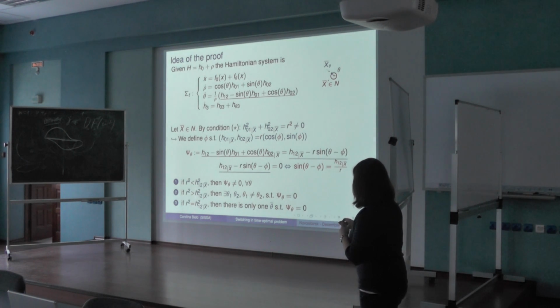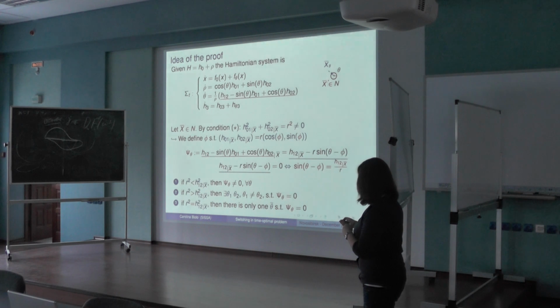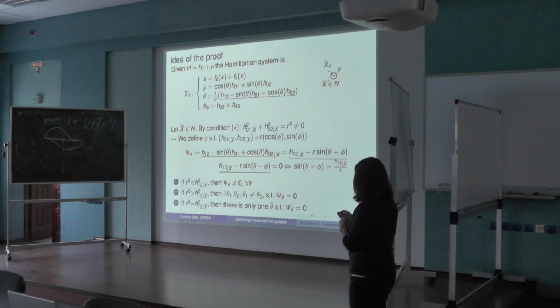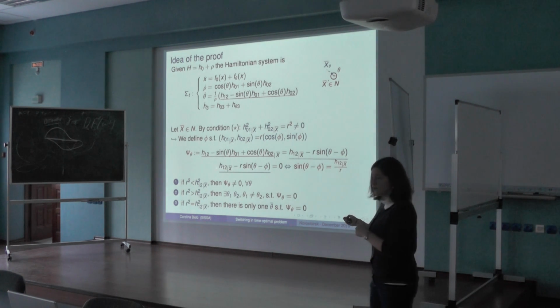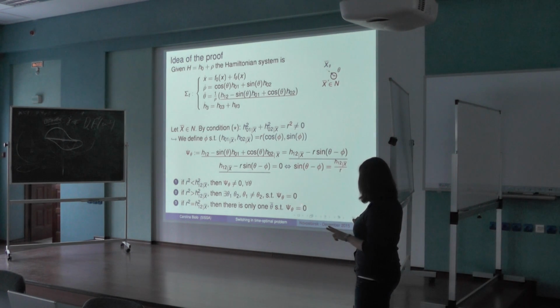Indeed, now you can recover the condition that we gave. Okay. Indeed, if we have a strictly less inequality, then this value is always different than 0. And then, if there is the opposite strict inequality, we have two angles where it is equal to 0, and obviously in the third case we have just one angle.